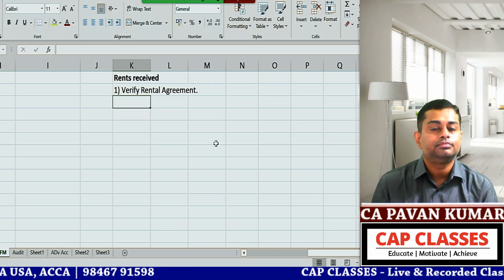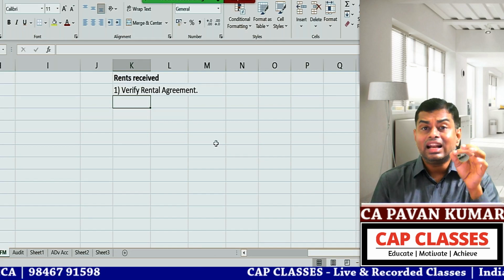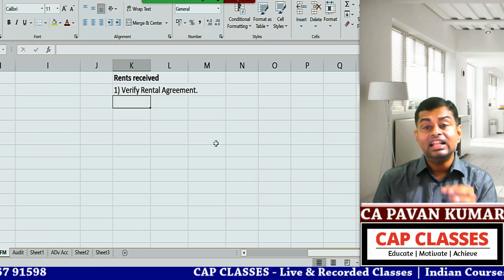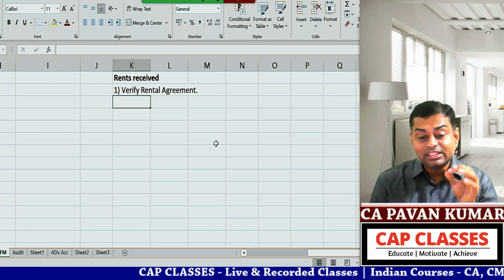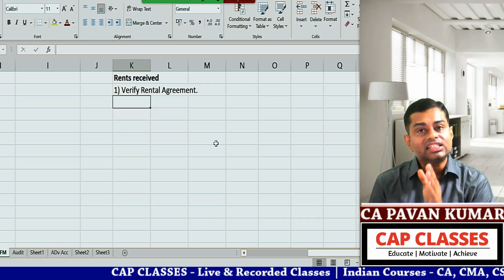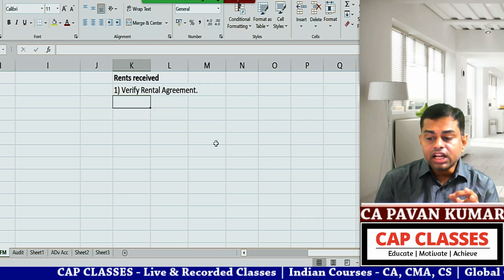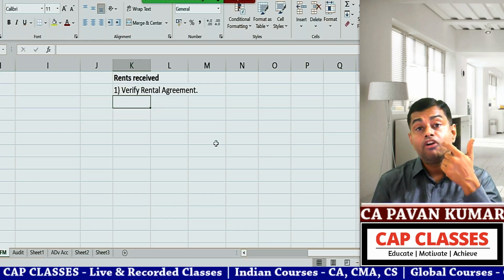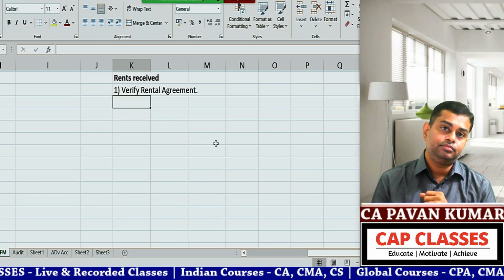The auditor has to obtain the rental agreement entered into by the client and the tenant, scrutinize and inspect it thoroughly to understand various terms and conditions. The auditor has to note down the rent amount, advance rents received, deposit received.